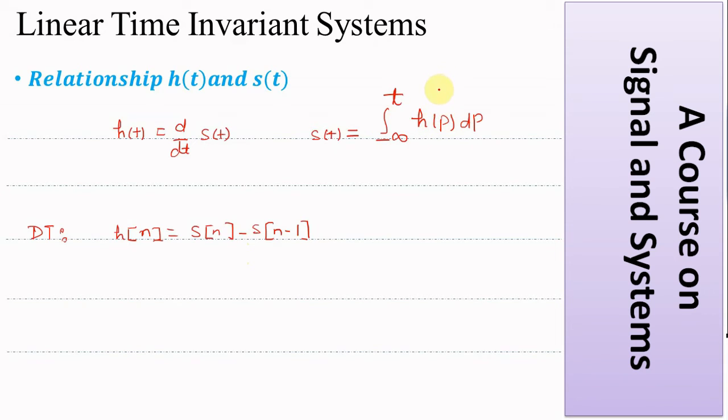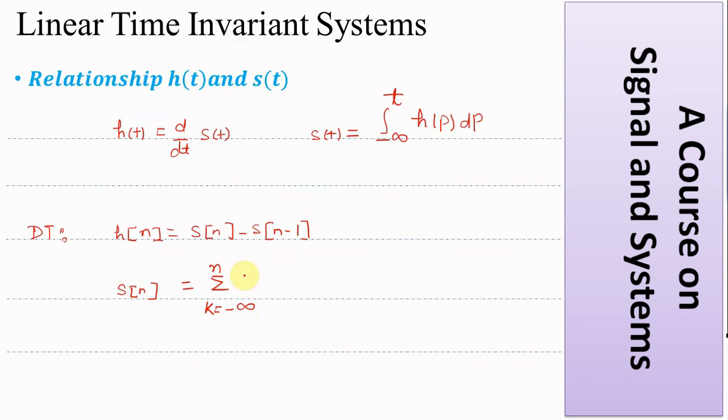Similarly, the integration shall become summation. So if I want to calculate the step response using the impulse response, it will become summation over k, which starts at minus infinity and goes up to n. Remember, this is a function of n, and therefore it has to be a function of n. And what are we adding?